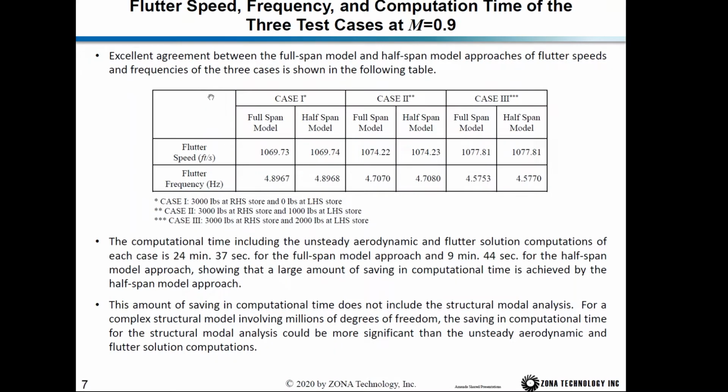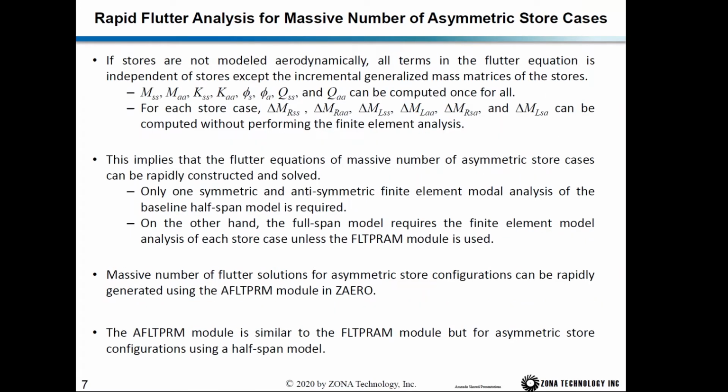Then we also compare the flutter solution, and this is the full span model and the half span model. This is the flutter speed. This is the flutter frequency, and you can see all three cases compare well between the half span and the full span model approach.